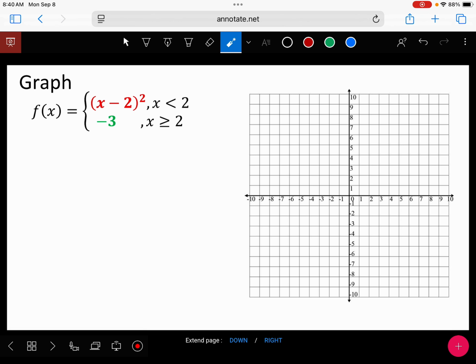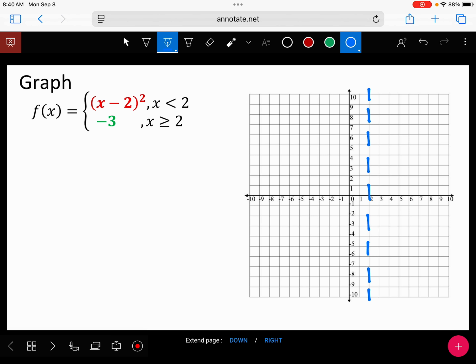Okay, so it's optional, but I'm going to draw in my fence. This is where we got to divide the playground. We got 2 different functions.